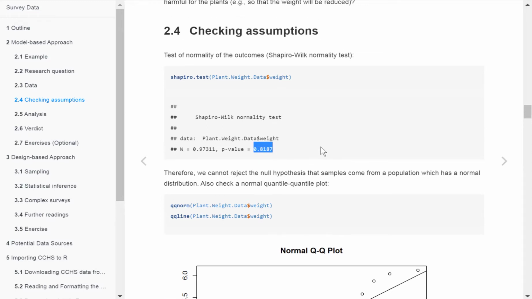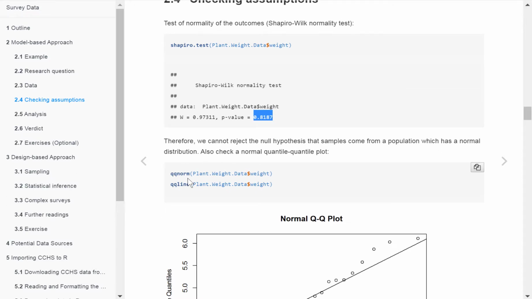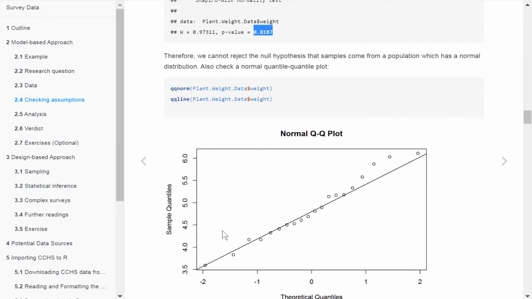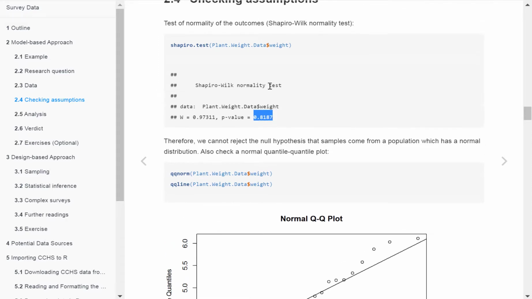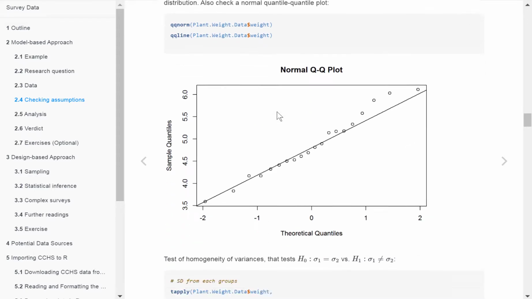Also we can do some sort of QQ norm plot to see whether the data that we have are deviating too much from normality or not. So based on this Shapiro-Wilk test, we can say that the data is not following a very different pattern compared to a normally distributed data set.